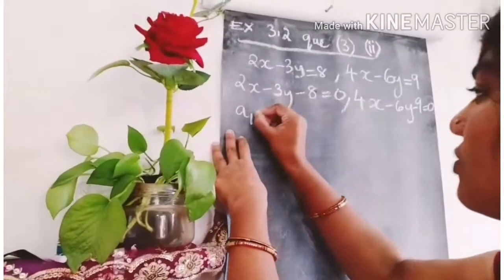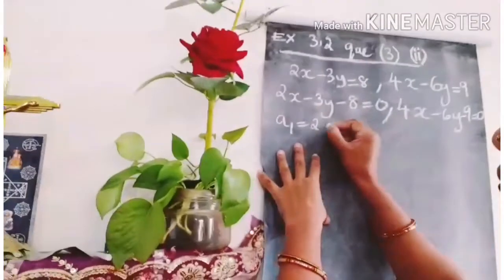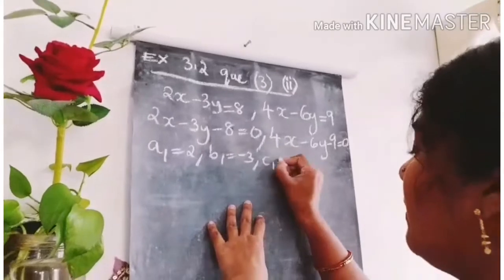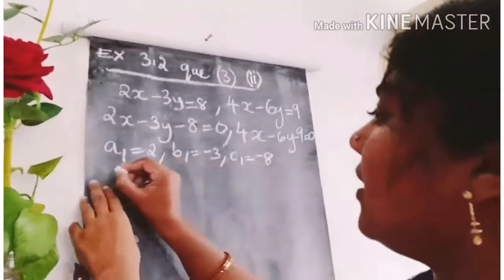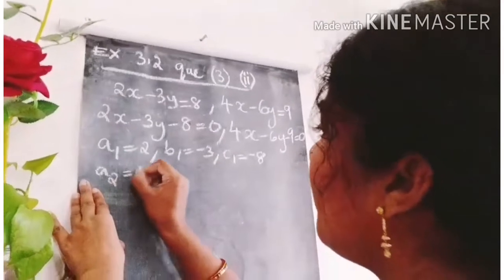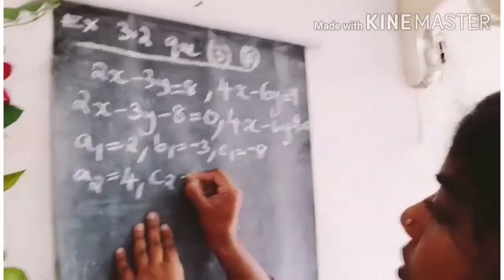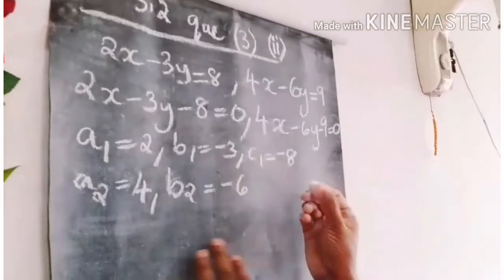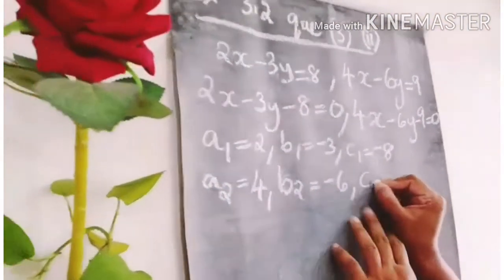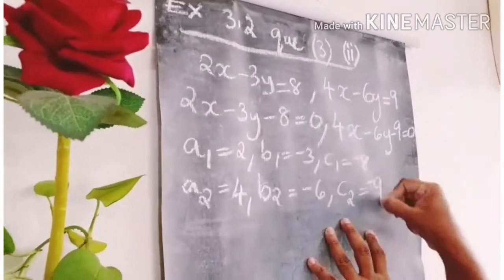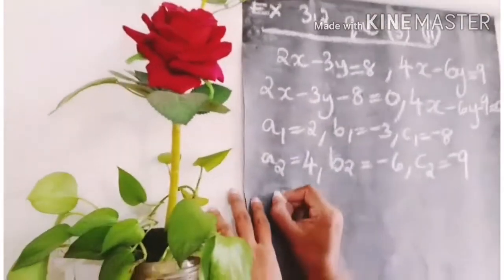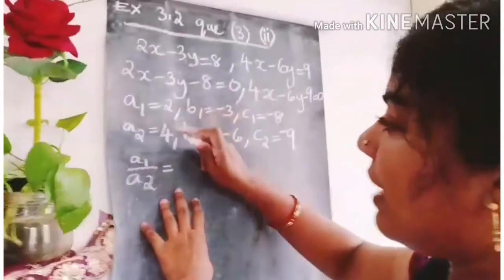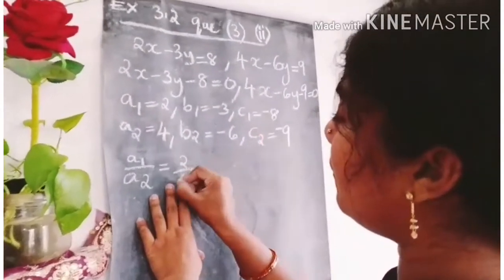You can also try with me. a1 equal to 2, b1 equal to minus 3 and c1 equal to minus 8. a2 equal to 4, b2 equal to minus 6 and c2 equal to minus 9. So here what we are doing is a1 by a2. What is a1 by a2? 2 by 4.